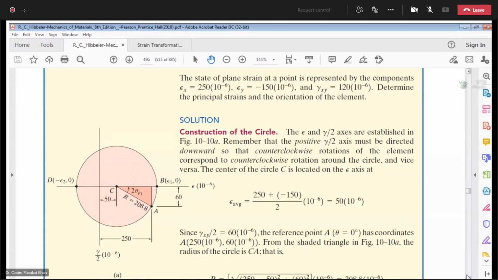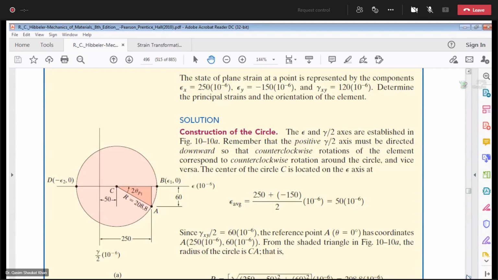That is the case when our x dash axis coincides with the x axis, so epsilon x dash is equal to epsilon x, epsilon y dash is equal to epsilon y, and gamma x dash y dash over 2 is equal to gamma xy over 2.